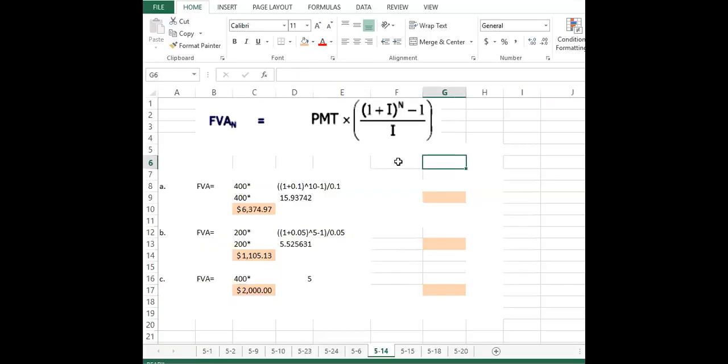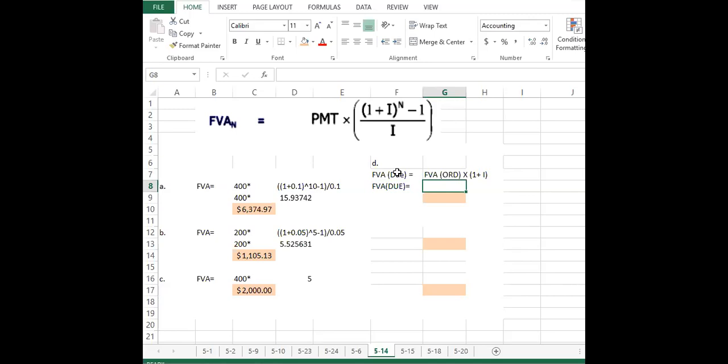The next requirement D is to calculate annuity dues. So future value of annuity due is equal to, we already calculated future value of ordinary annuity.